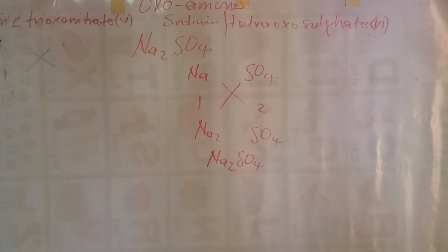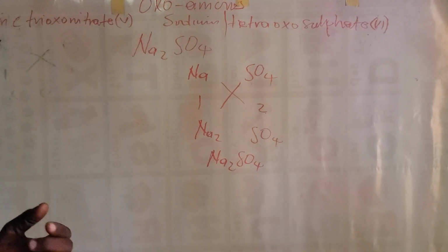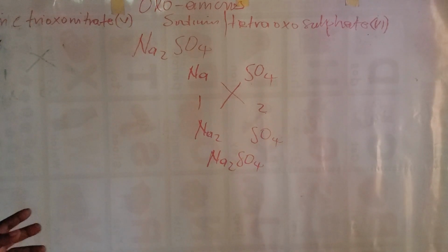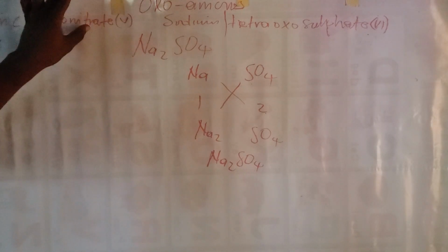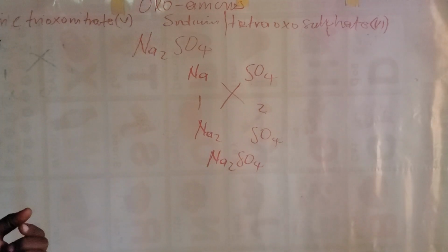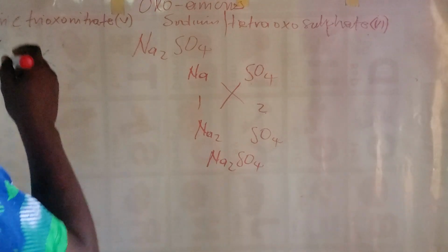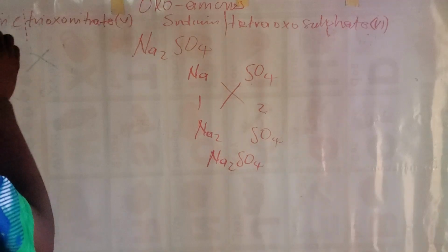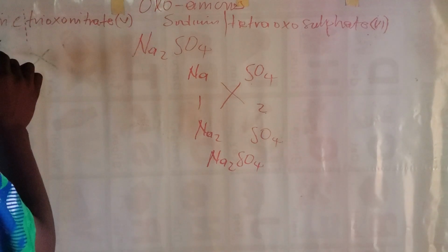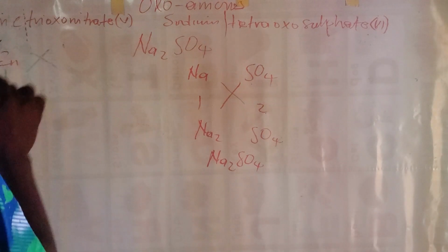In this case, as I said earlier, we have two parts: the metal part and the radical part. So here you divide again. The zinc, which is the metal, the symbol for it is Zn.